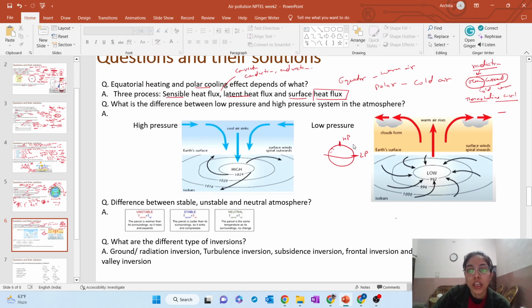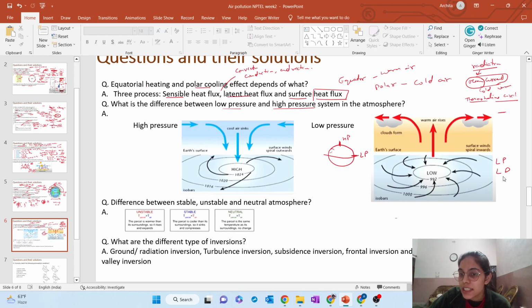So now, how does the air behave in these different zones? This is what we need to understand: what is the difference between this low pressure and the high pressure system. Low pressure means the equatorial system. So what happens at the equator? Okay. Now, if the pressure is low, what we understand is that low pressure means low density.